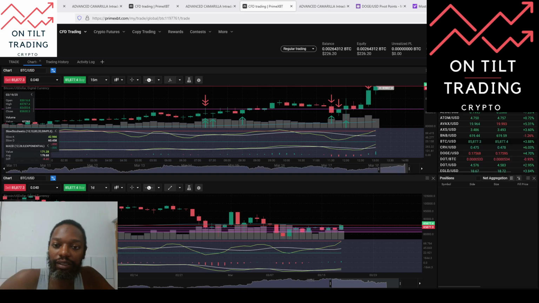This candle is, I believe, 2 p.m. Eastern time for the U.S. market. The FOMC minutes were released, and the algos in this candle put in some rather large wicks to the long side and to the short side.